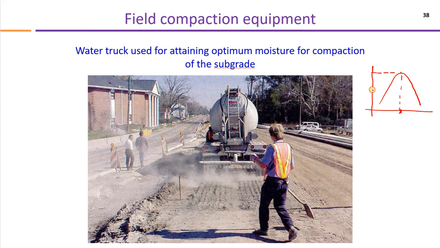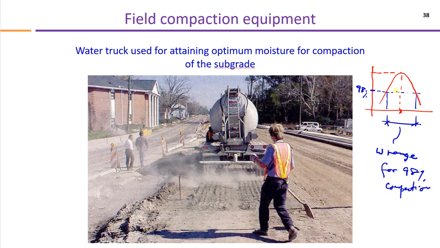Suppose this is 98% compaction. Then this is going to be the water content range for 98% compaction.